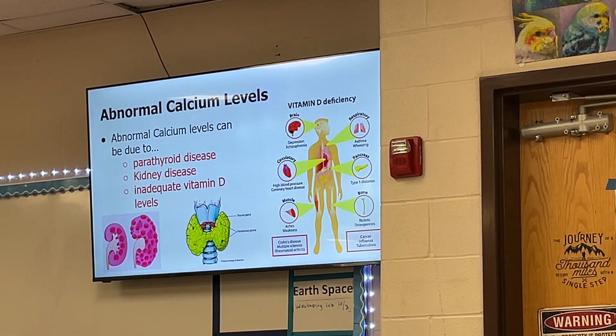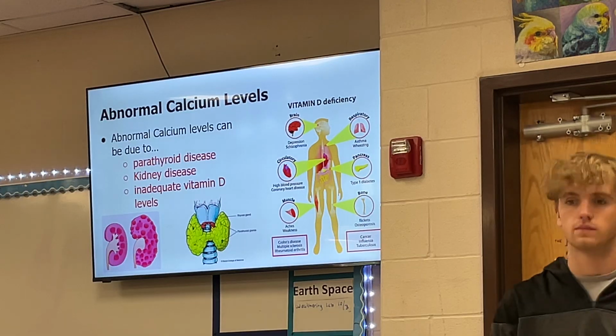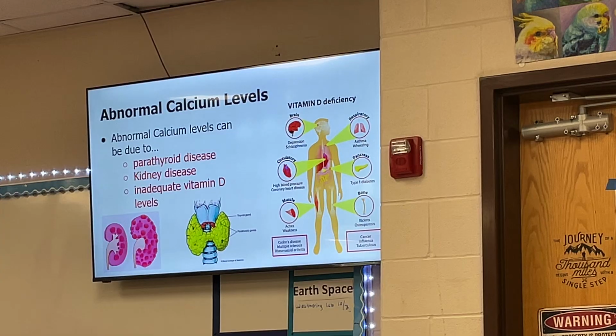So if you have abnormal calcium levels, it could be due to parathyroid disease, kidney disease, or inadequate vitamin D levels. What is kidney disease?